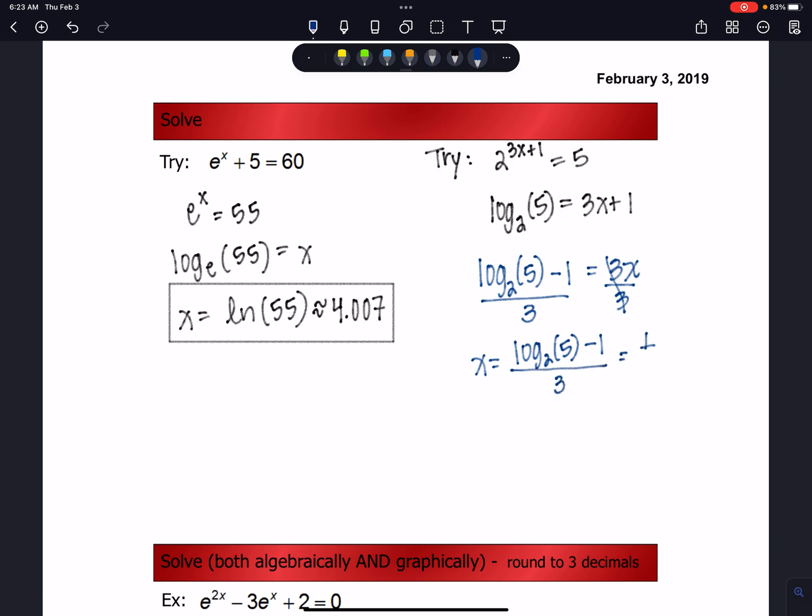You can also write that 1/3 times log base 2 of 5 minus 1. And I did not put that in my calculator, but if I did, I would probably have about 1.2 divided by 3. I'm going to quickly put that into my calculator.